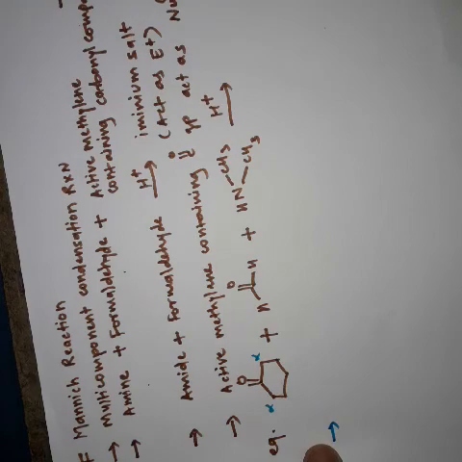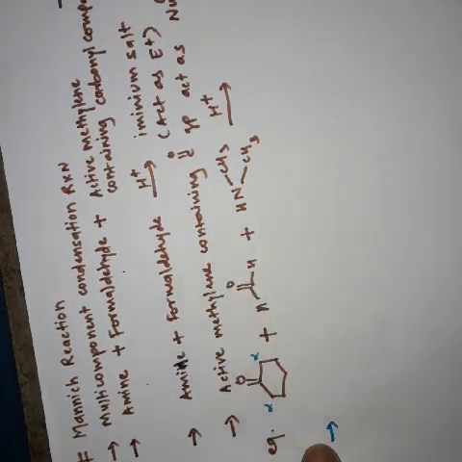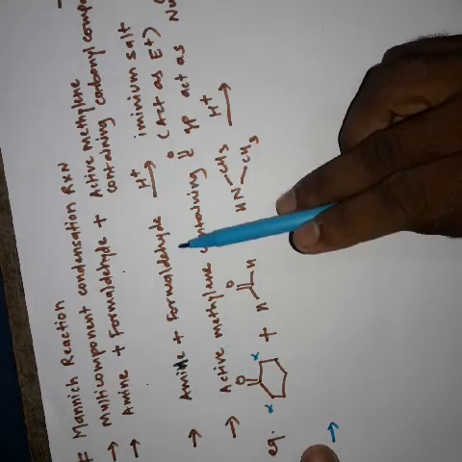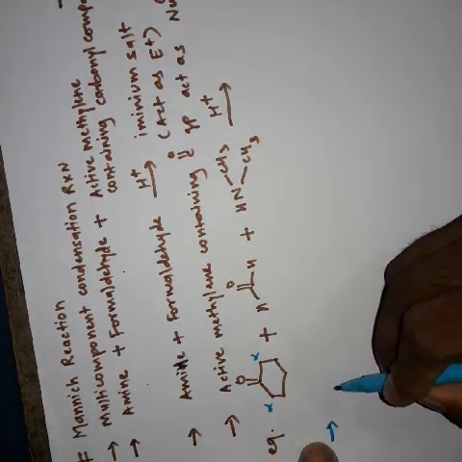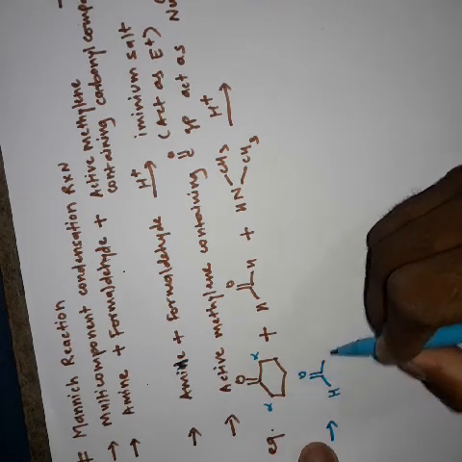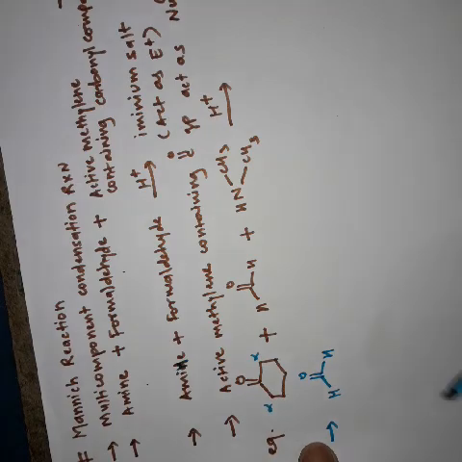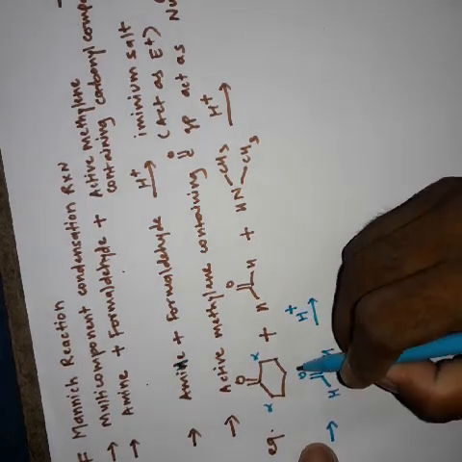In the first step, amine will react with the formaldehyde to give us the iminium salt. This is our formaldehyde in the presence of H plus.